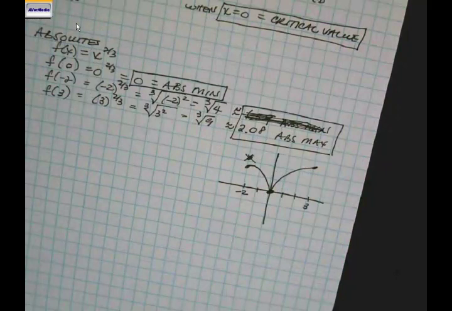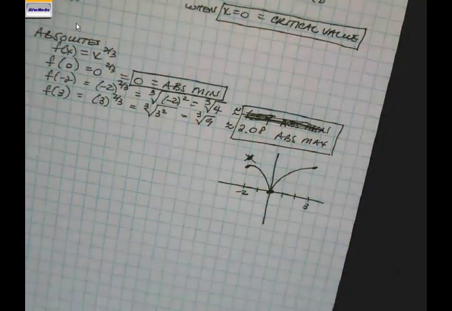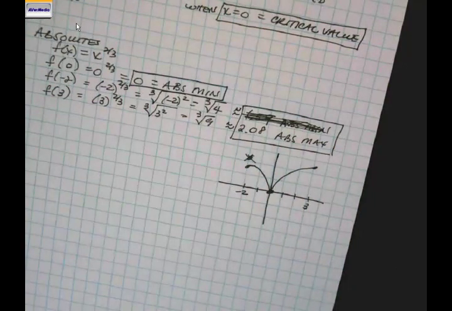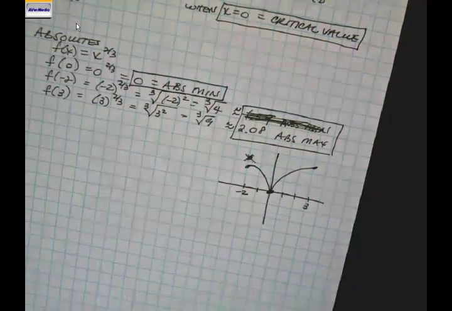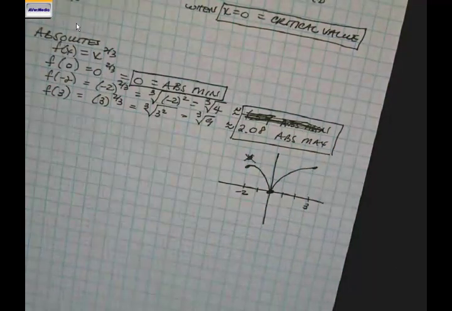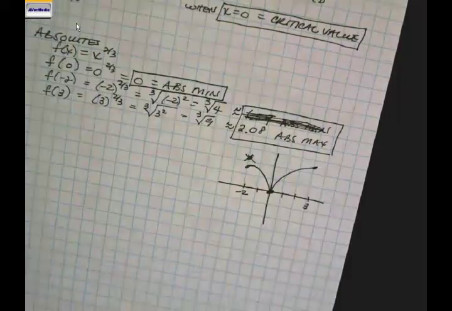Okay? So when you're looking for the absolutes, it's going to be really hard to remember to check the endpoints. I don't know why that's such a difficult thing to remember, but it's hard to remember because you're so geared on that first derivative. You're so stuck with taking that first derivative and setting it equal to 0.